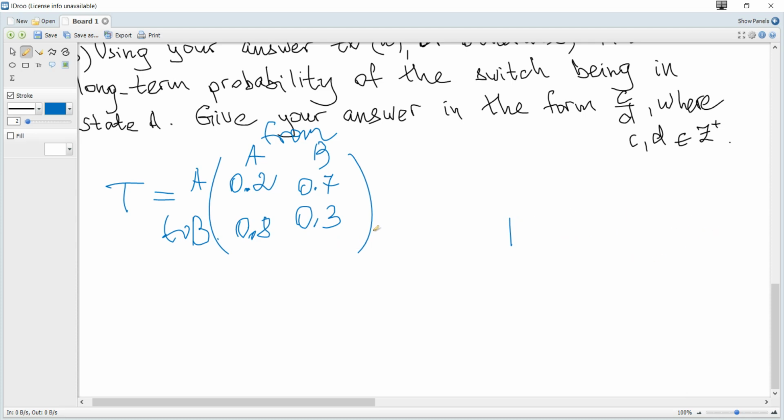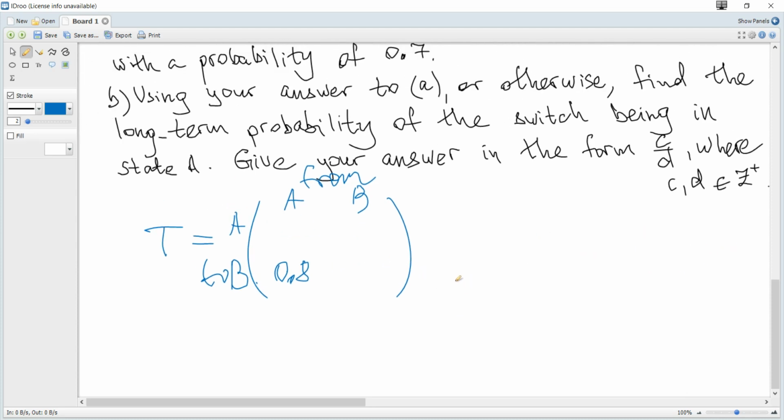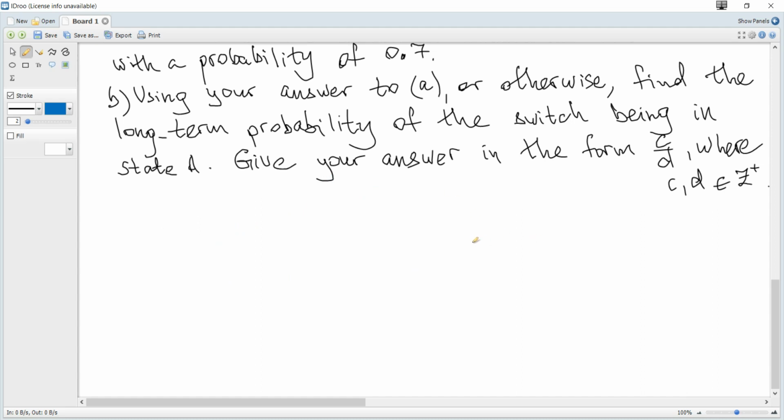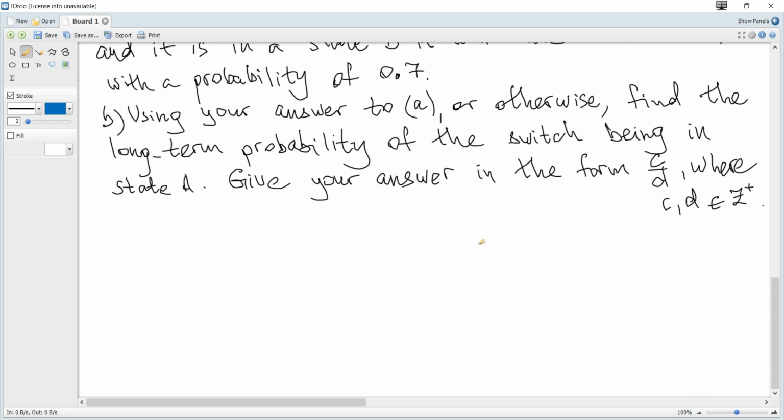But here we should consider states after a very long period of time, actually after an infinite period of time. If we need to answer the next two questions, the first question is: find the long-term probability that A will be operating.